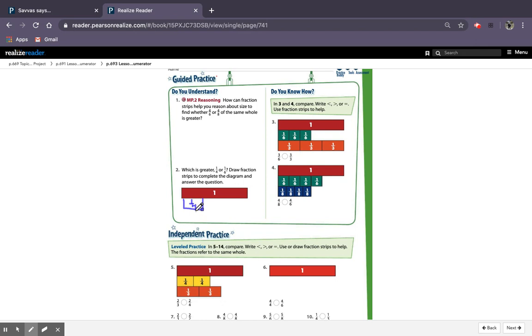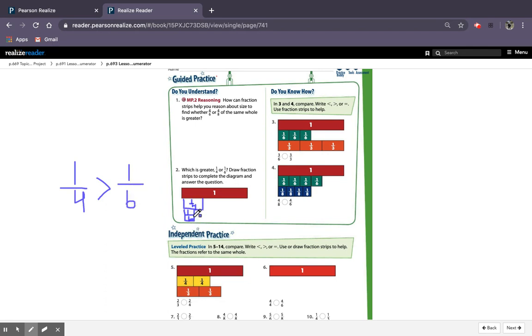And then I would draw my 1/6 piece. I could have used different colors for this, as I'm realizing now, but that's okay. So what's greater? 1/4 is greater. So to use symbols, 1/4 is greater than 1/6.